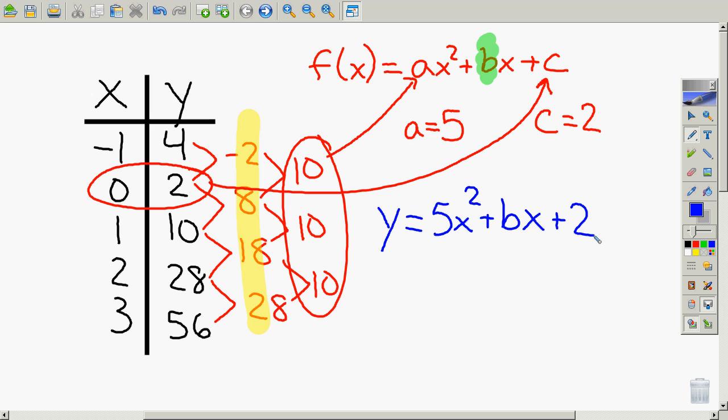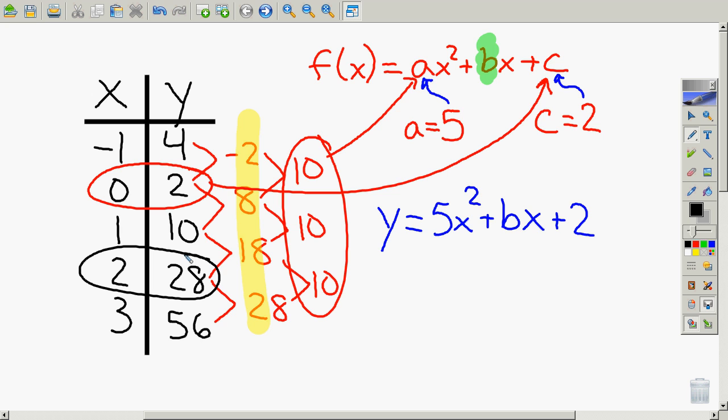All I did is plug in 5 for a and 2 for c there. Now, this function says y and x, so I'm just going to pick any y and x from over here. Let me pick this one right here, the 2 and the 28, and plug those into the function.